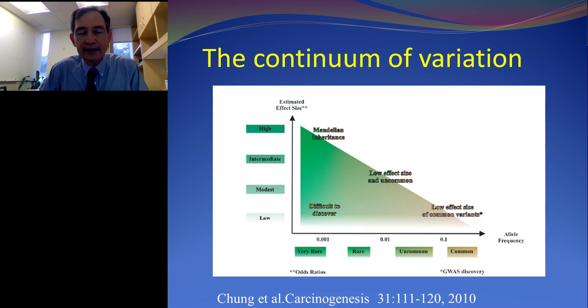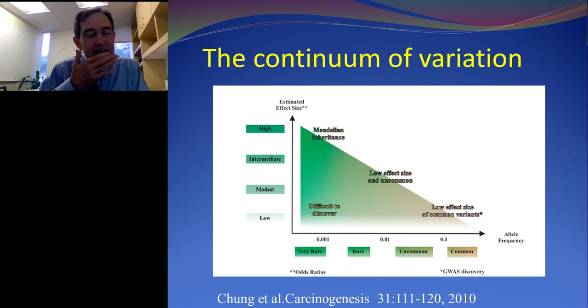That's because in that case you need relatively large sample sizes, and the families are going to be less informative. But for this talk, I'm switching to the sort of low effect common variants for the rest of what I'll be talking about. So in that case, what we do is a kind of case control study.